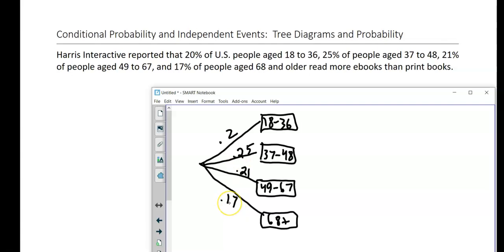And those 4 numbers should add up to, did I miss one? 18 to 36, 20%, 37 to 48, 25%, from 49 to 67, 21%, and 17%. So I guess they left out the young folks there because it doesn't add up to 100%.